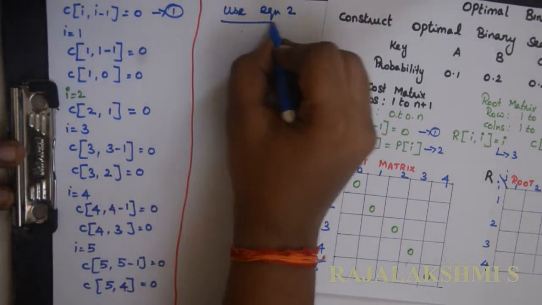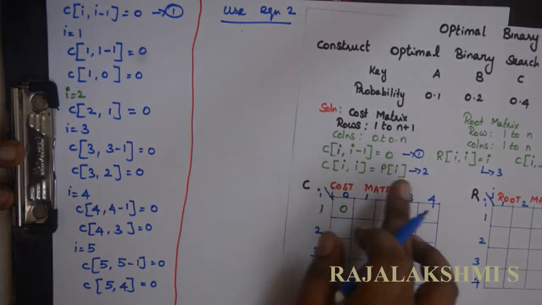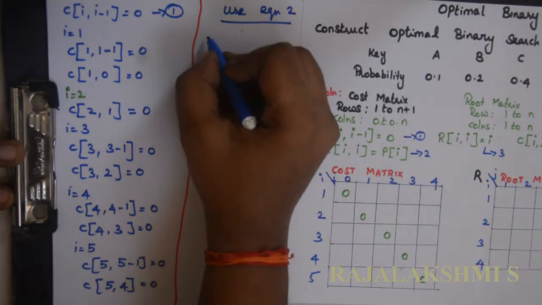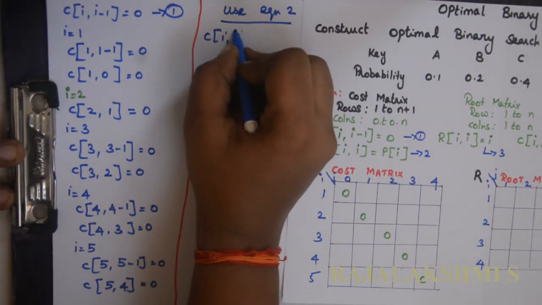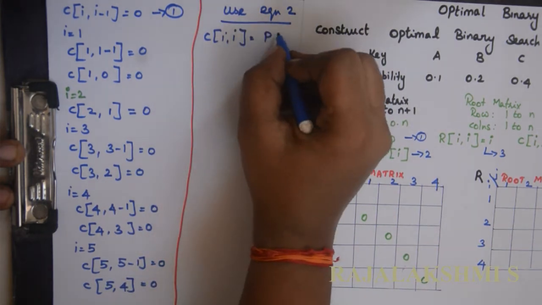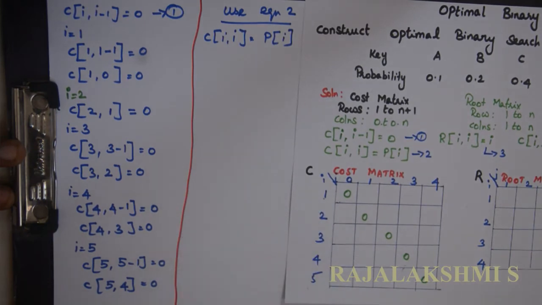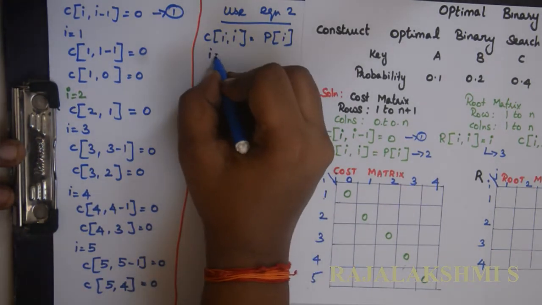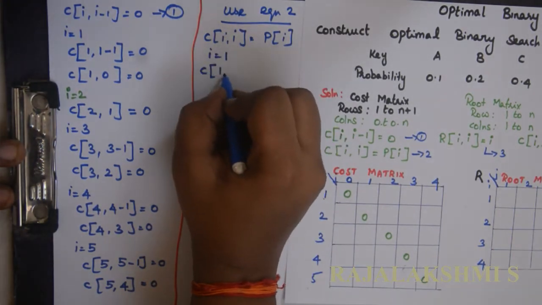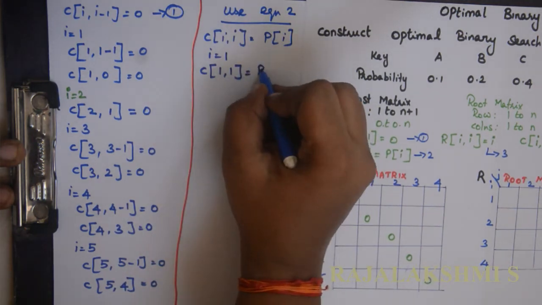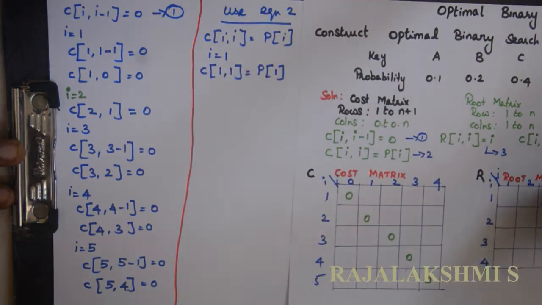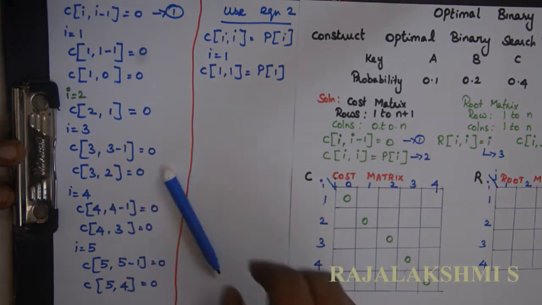Use equation 2. So equation 2 is C of I comma I is equal to P of I. Right? So what is the first value of I? It is 1. So when I is equal to 1, C of 1 comma 1 is equal to P of 1. So what is P of 1? We had written it as 0.1. So 0.1 has to be written there.